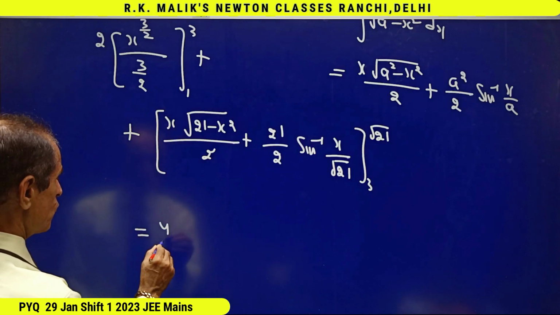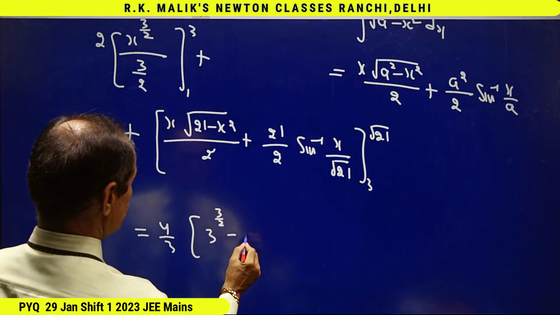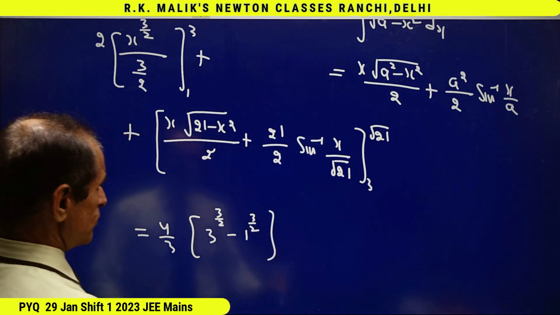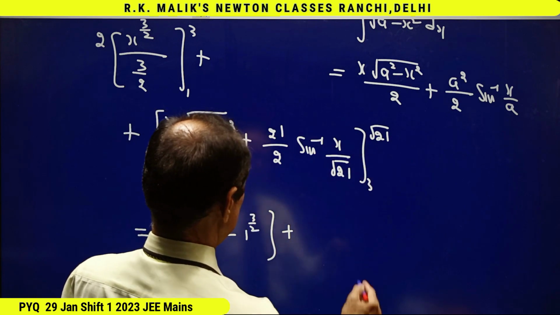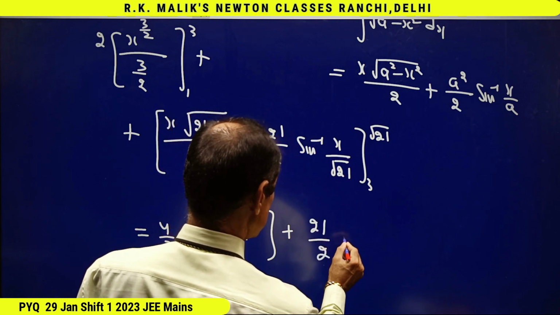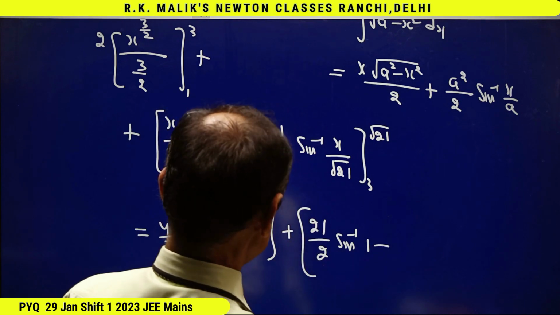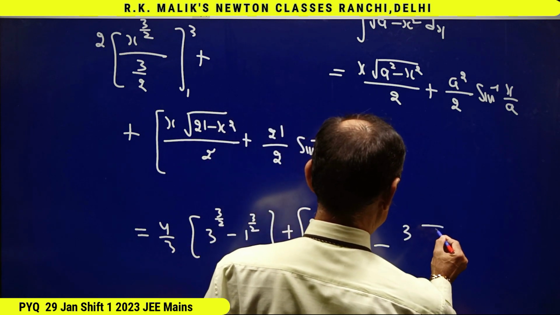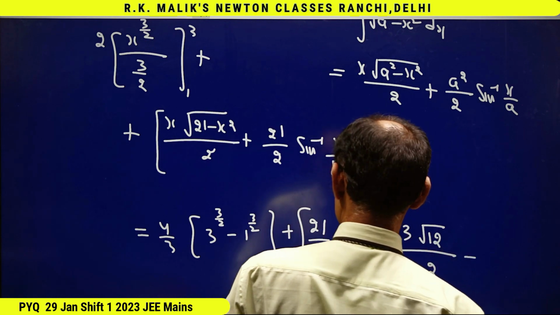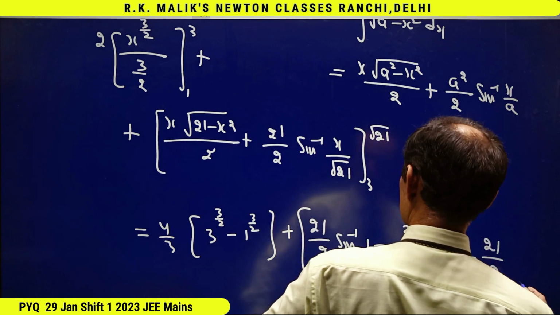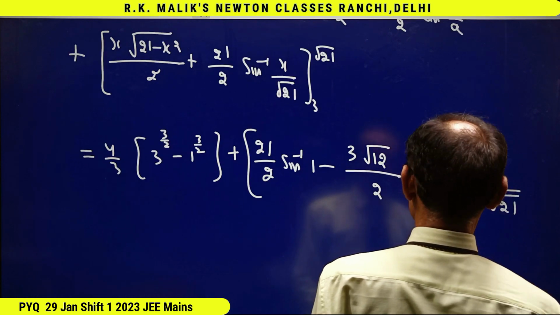That is, this is 4 by 3, 3 to the power 3 by 2 minus 1 to the power 3 by 2, plus for x equal to under root 21, this is becoming 0 and this will become 21 by 2 sin inverse 1, minus for x equal to 3, it will become 3 under root 12 by 2, minus 21 by 2 sin inverse 3 by under root 21.